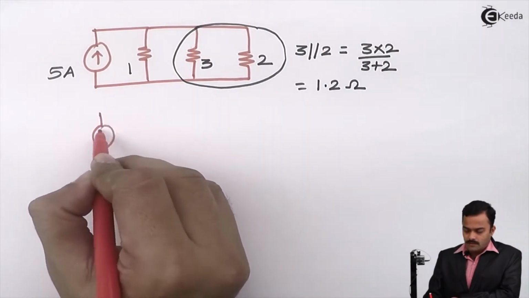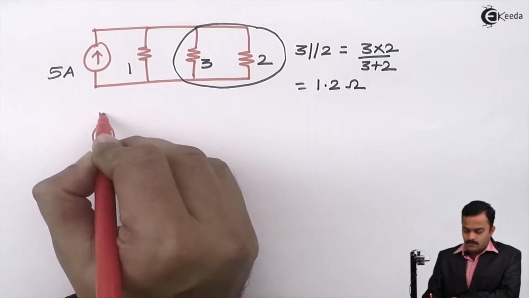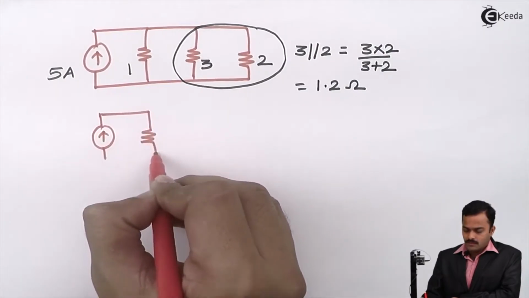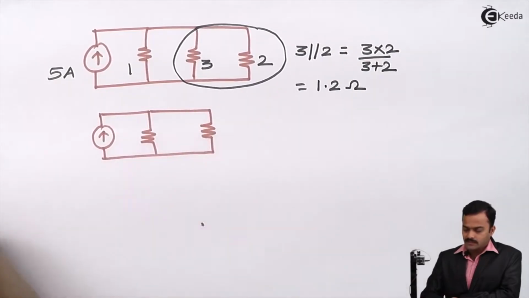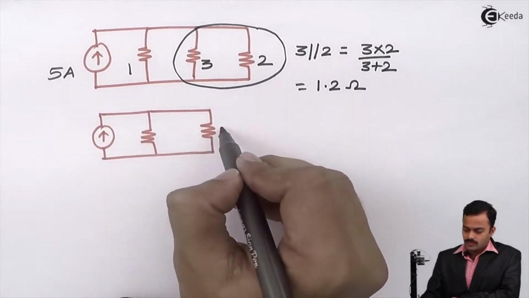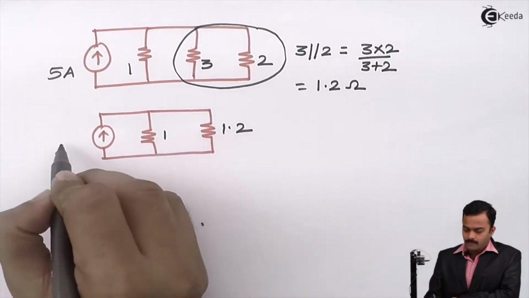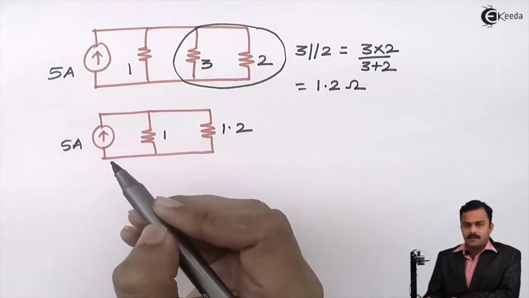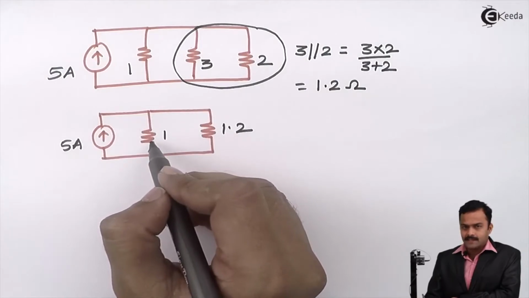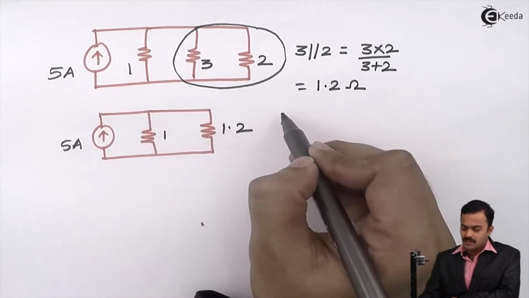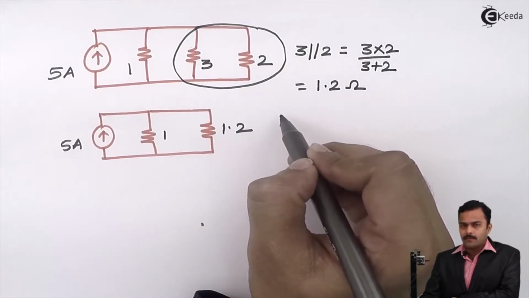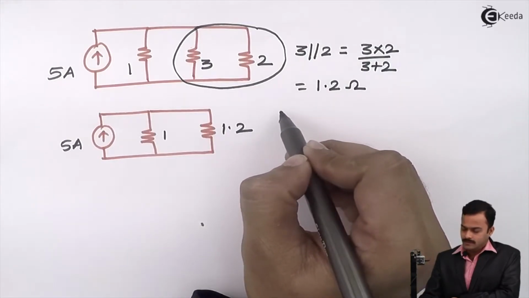Let's redraw. So now I am having a current source, 1 ohm resistance and parallel combination resistance which is 1.2. So it's a 1.2, 1 and 5 ampere. Current source is connected in parallel to two resistances. So it's a favorable condition for application of current divider rule.